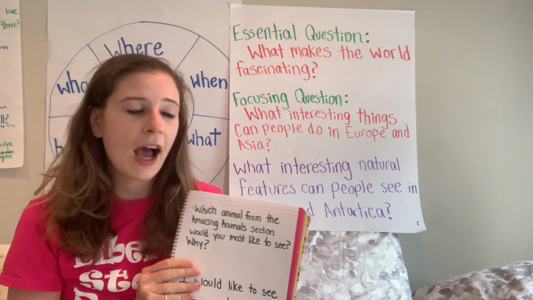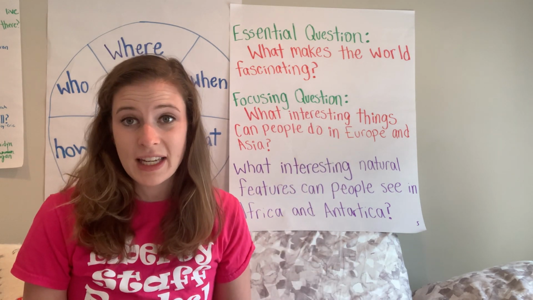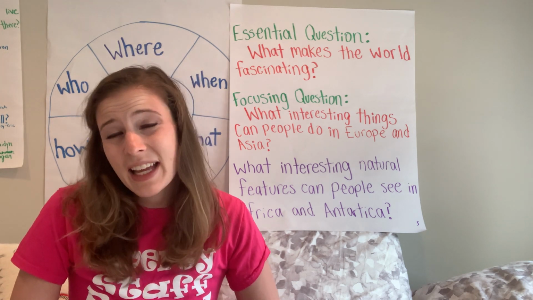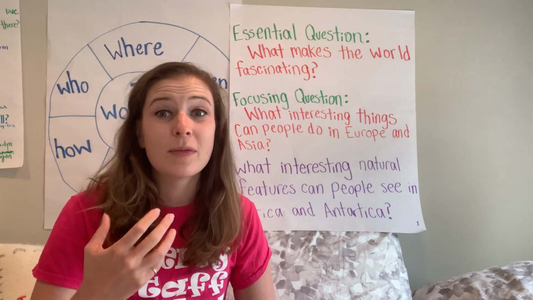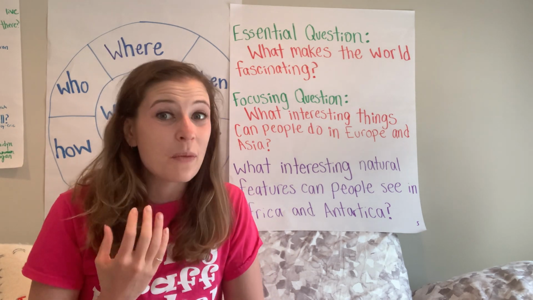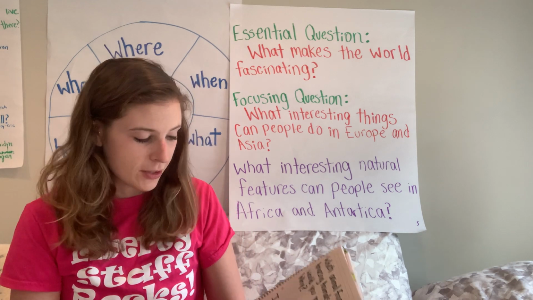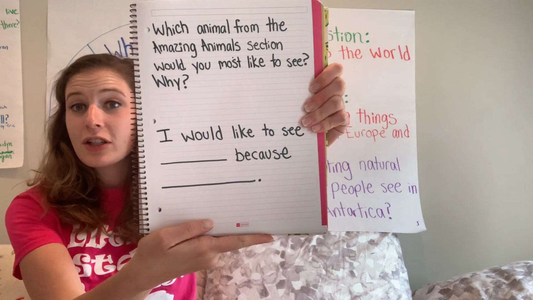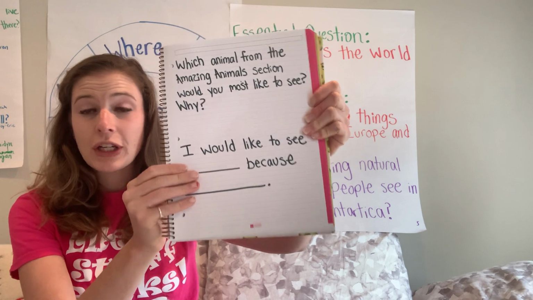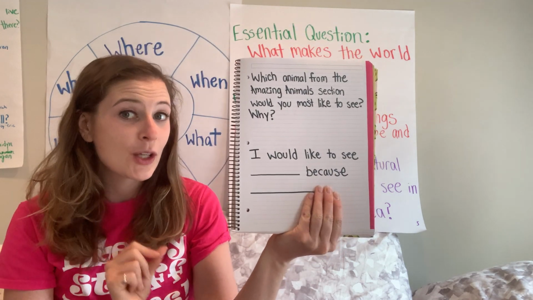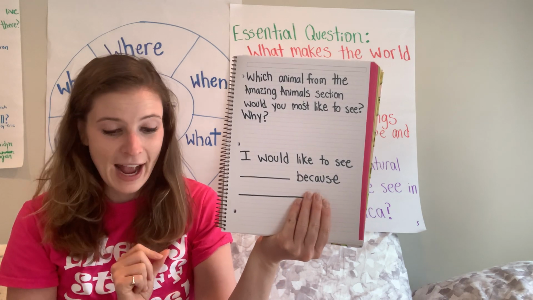And saying I would want to see a lion because I like lions, that doesn't really tell me any new information. So tell me why you want to see a lion instead of those other animals. So that is your job for today, to create some opinion writing about what kind of animal you would most like to see in Africa.